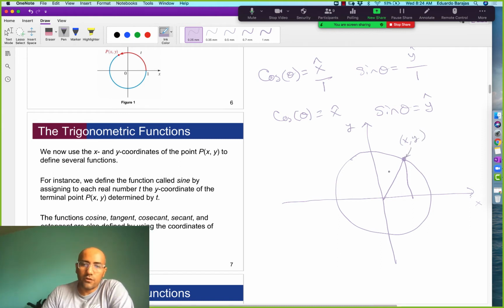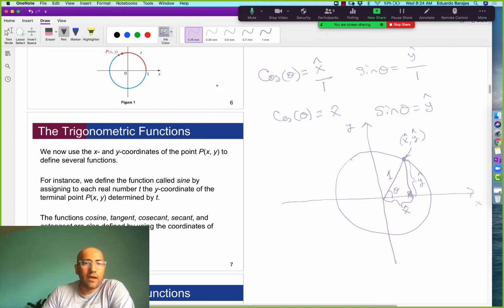It's on the unit circle, so we know that distance is 1. This height is the y value, and this is the x value. To match what we did up there, this would be x hat, y hat. Good. And then we'd have some angle value theta there.